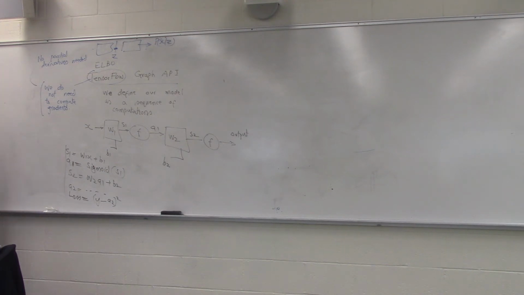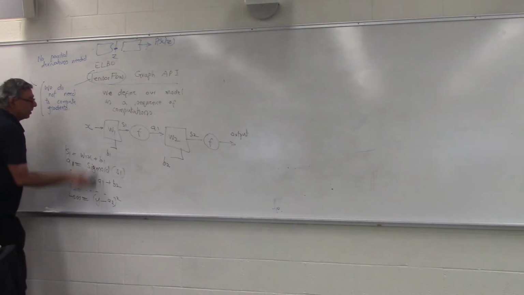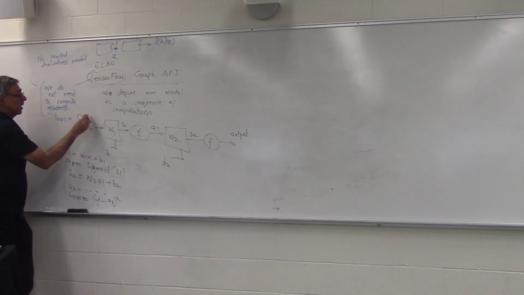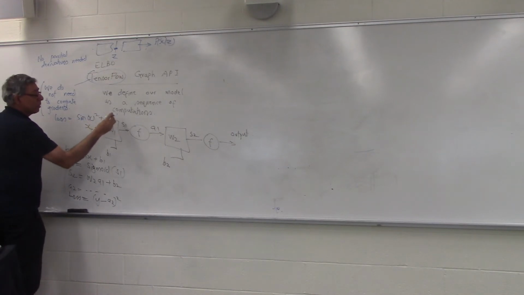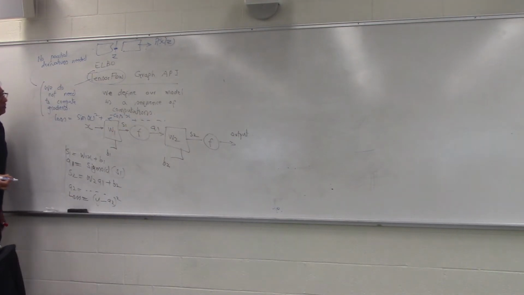Okay, if I wrote a very complicated equation, suppose I say loss equal to sine of x squared plus e to the minus cosine of x plus whatever, right? How is it going to compute the derivative if I have never told it what the derivatives are?